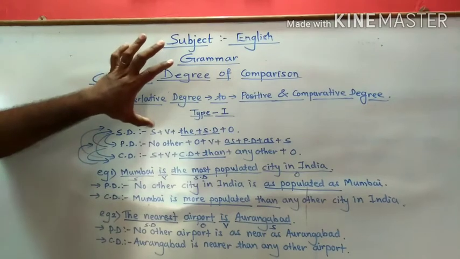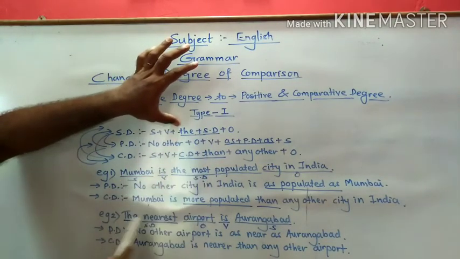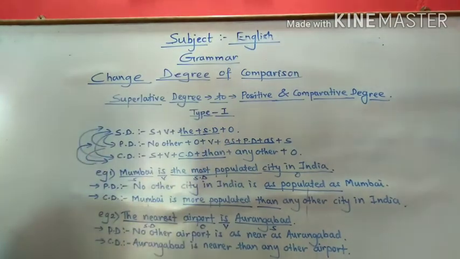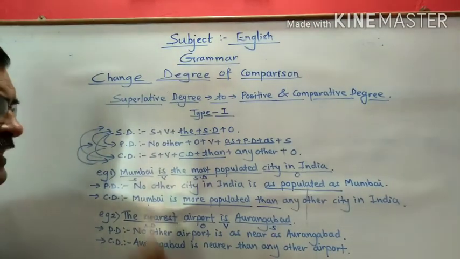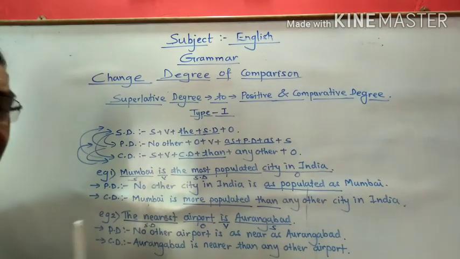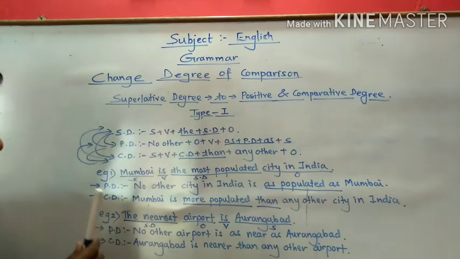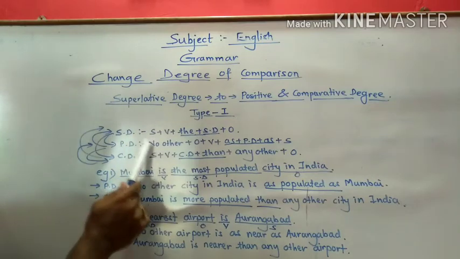So if we want to read this sentence according to our construction, let us read. What is your subject? Aurangabad. What is your verb? "Is the nearest airport." No problem, right? Almost it is the same, the meaning is the same, only the way of writing is different. Now if you want to change this sentence into the positive degree, there is no other way, we have to use the same construction.